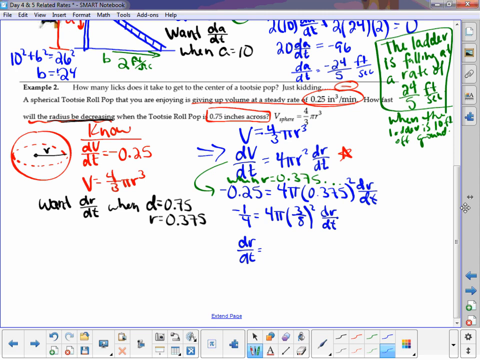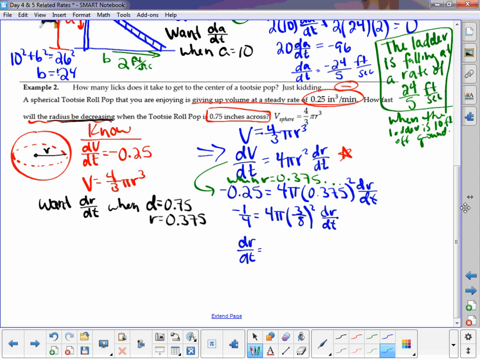For those of you that are doing it without a calculator, just to exercise your brain muscles, that radius is 3 feet. Once you think you have your dr/dt, you can compare it with something else. And should we expect our dr/dt to be positive or negative?